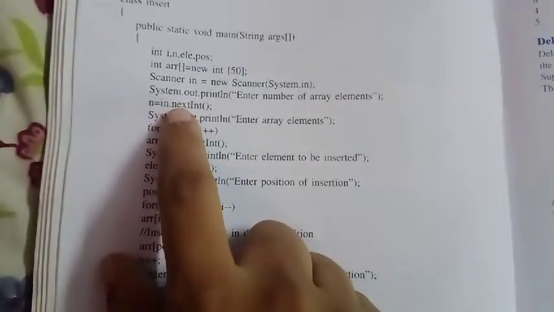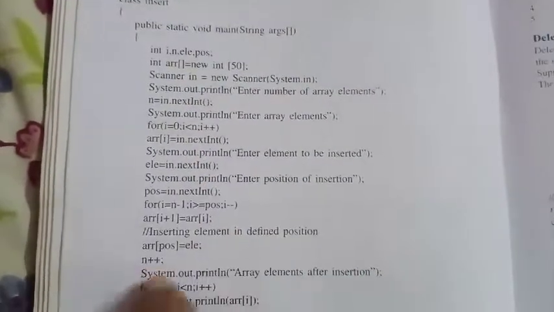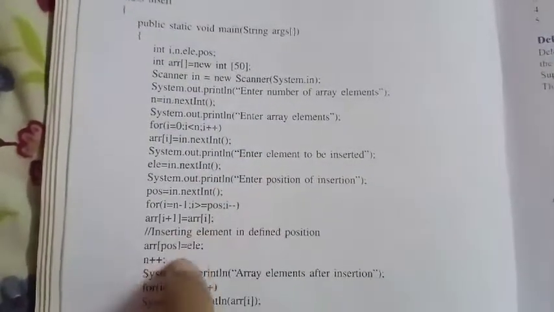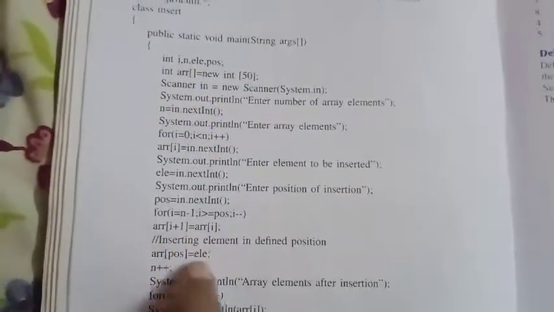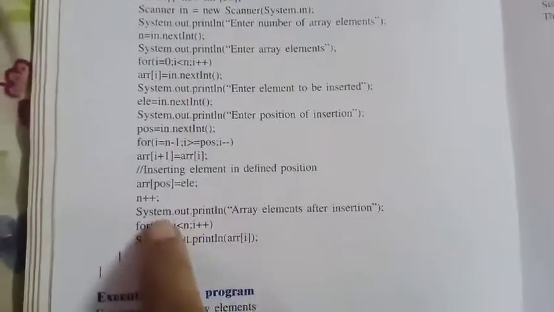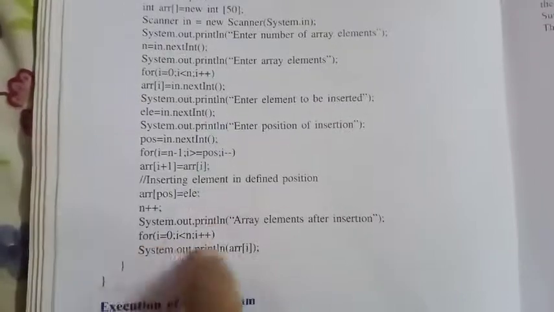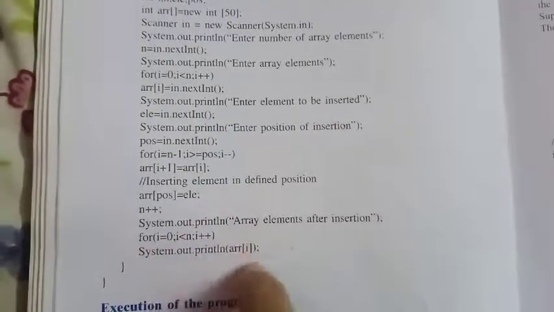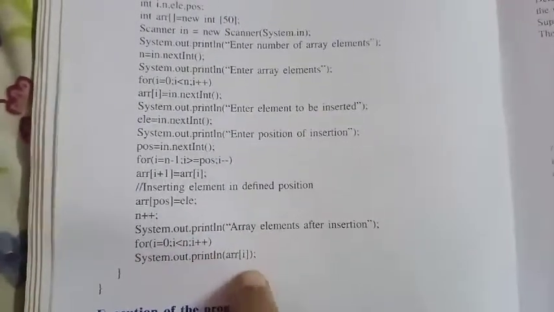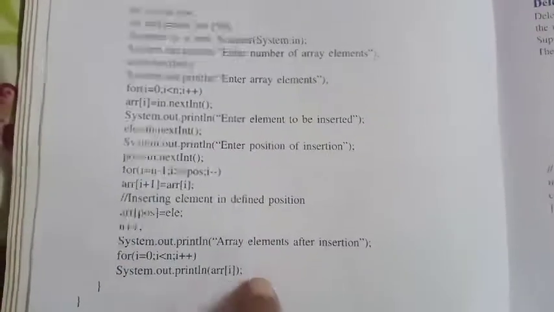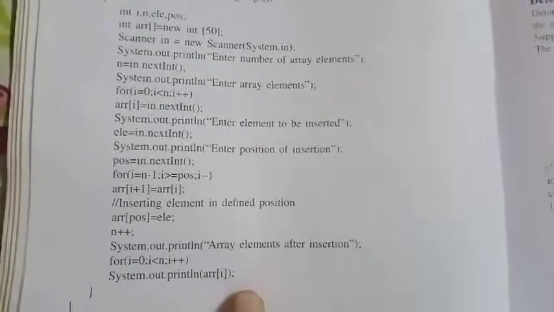Suppose if this is 5, now as we have inserted another element, the n value should be 6. That's why we are giving n plus plus. And the array elements after insertion, if you give this in this for loop, all the array elements will be displayed. You can check whether your element has been inserted in the particular position.